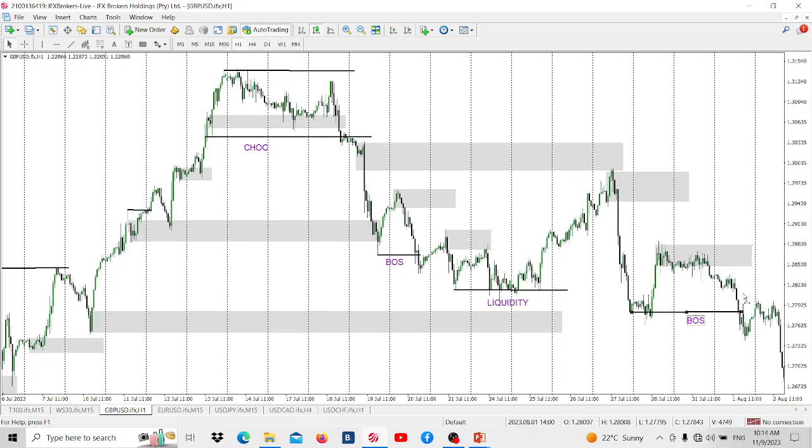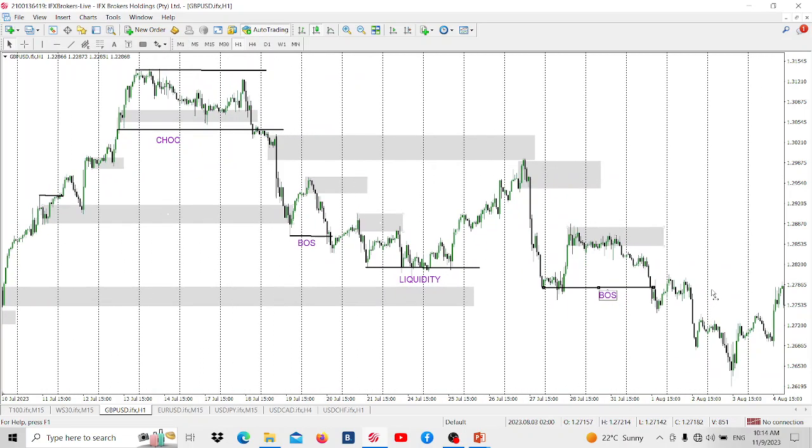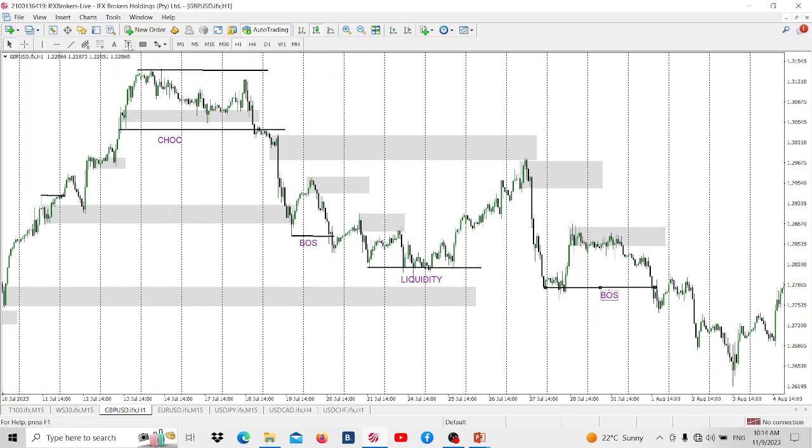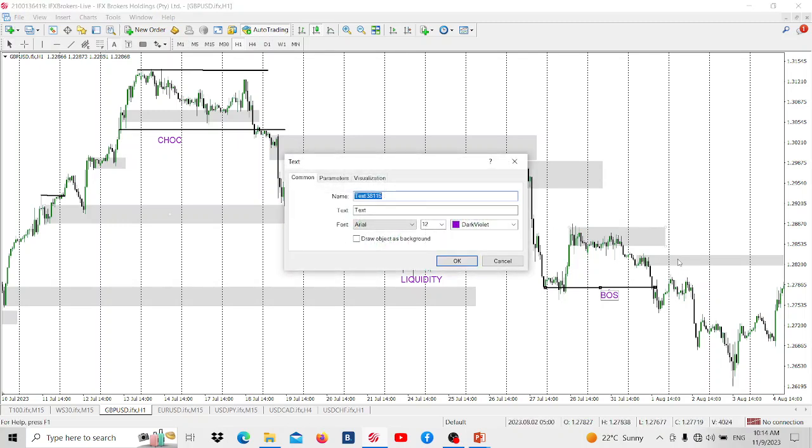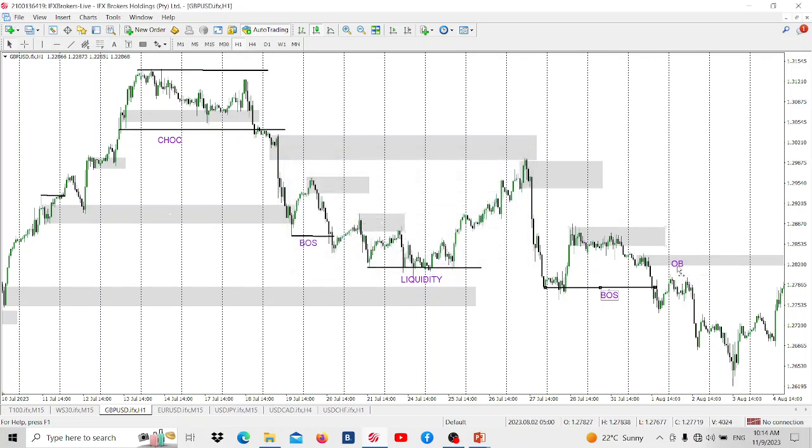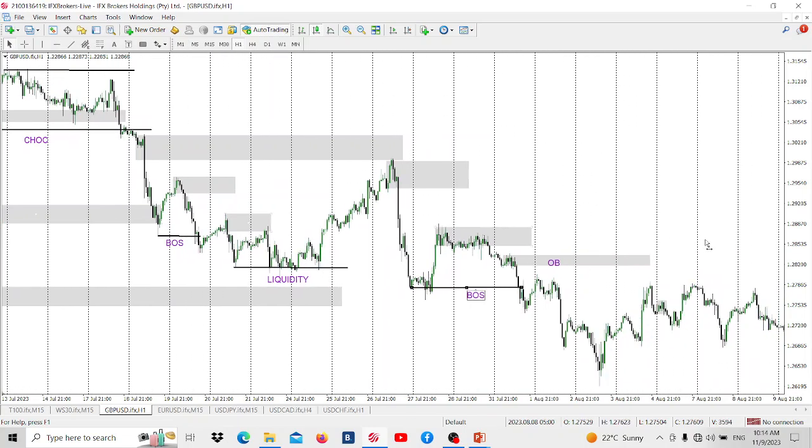Giving us a break of structure, our order block, saying that when price comes into this area, we're going to be sellers in the market.